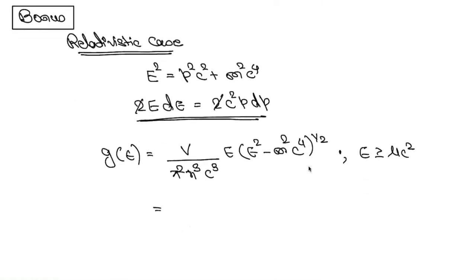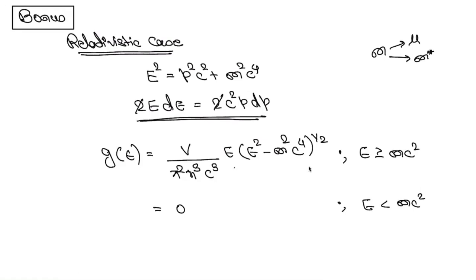And there will be no state occupied if energy is less than the rest mass energy. Sometimes instead of M, we take mu, the reduced mass. Sometimes we take effective mass. The concept will remain the same at different places, in different situations. These things change.